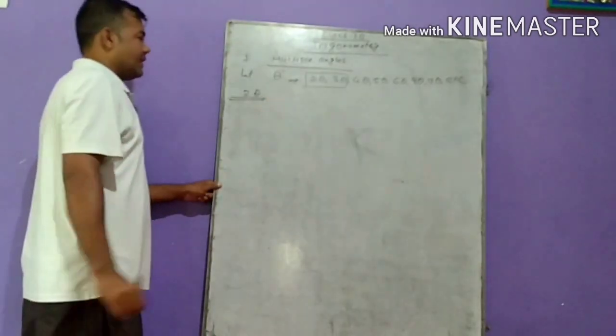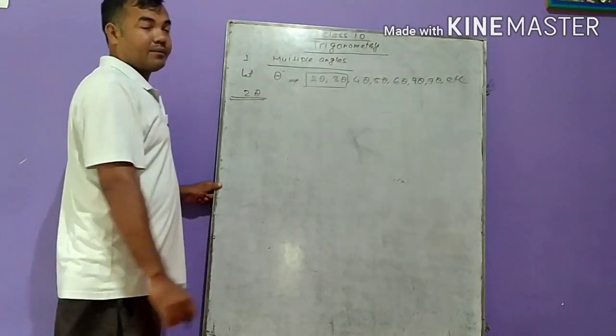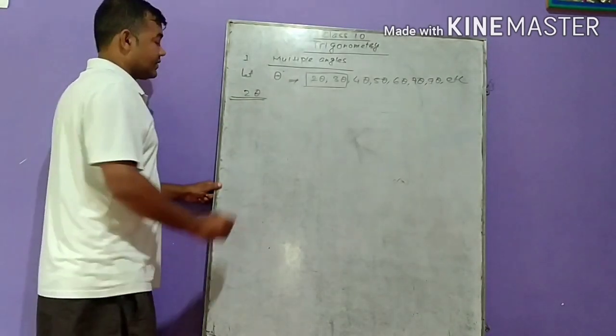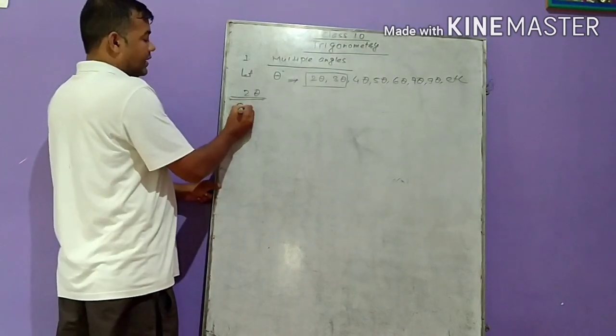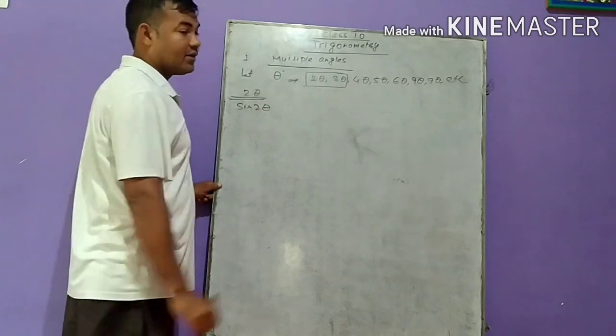2 theta. We know that every angle can be transformed into 6 different ratios. So if you want to reduce 2 theta in terms of sine, we have to write sine 2 theta.